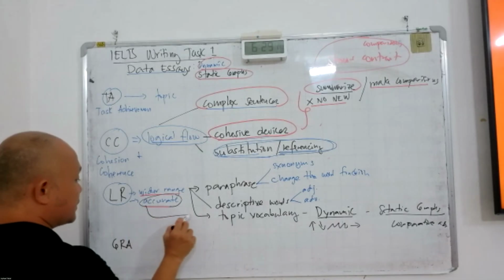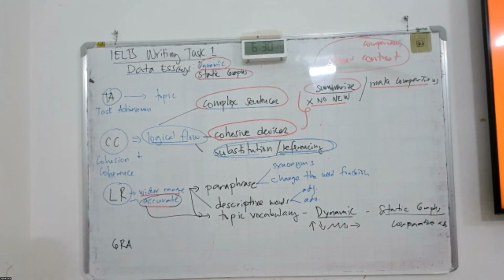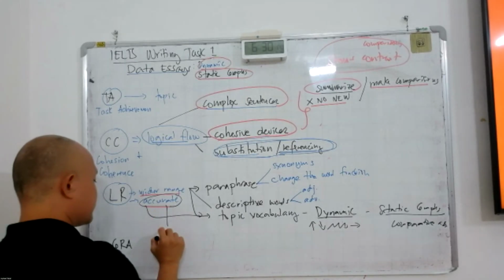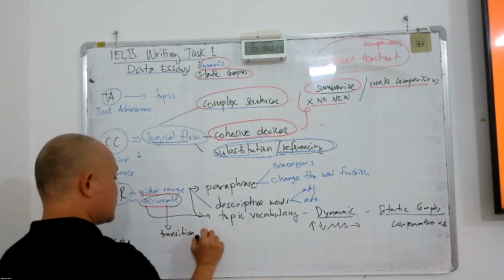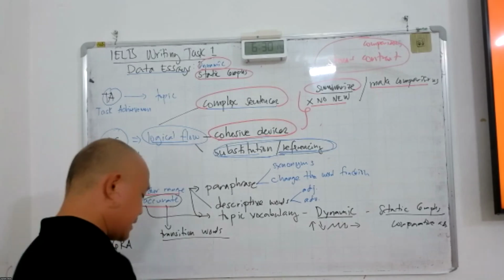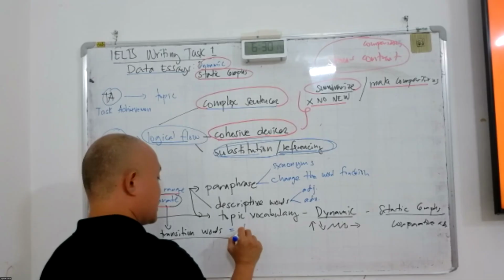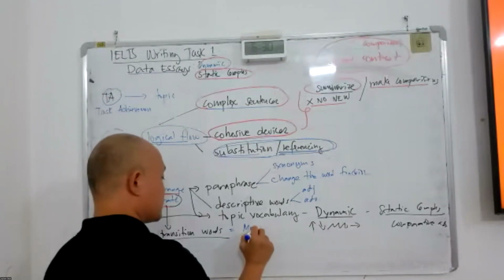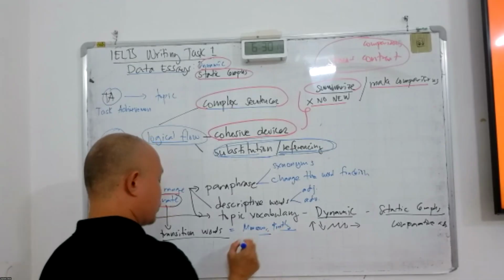Now for the accuracy, that's again for accuracy here. This is the effective use of topic vocabulary. Another thing for accuracy here is the use of transition words or cohesive devices. As we have mentioned earlier, in data essays, words to add information, for example, moreover, or firstly, describing steps and process.